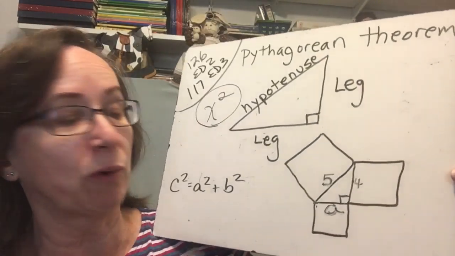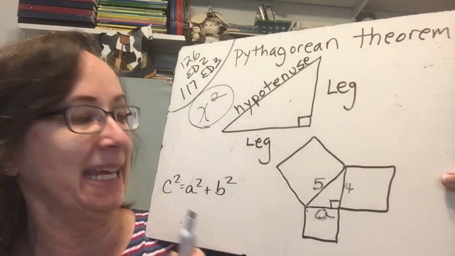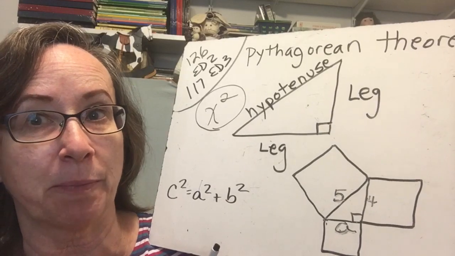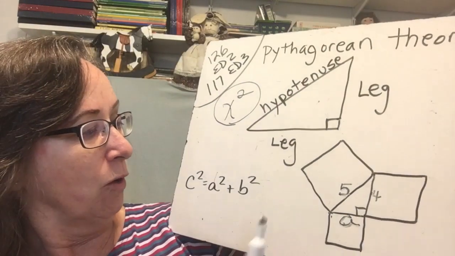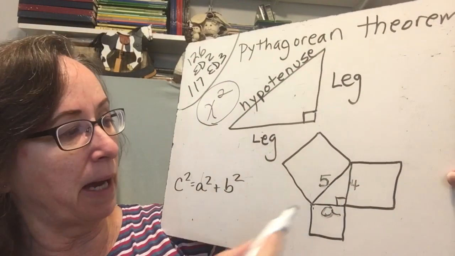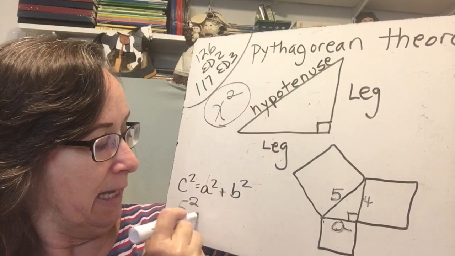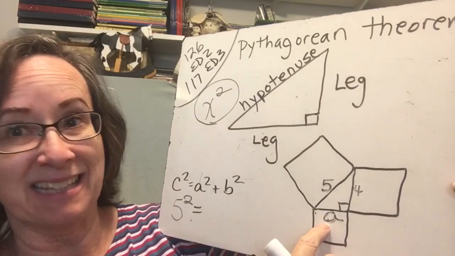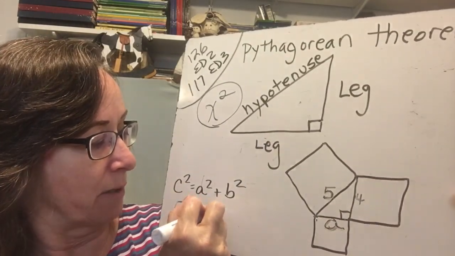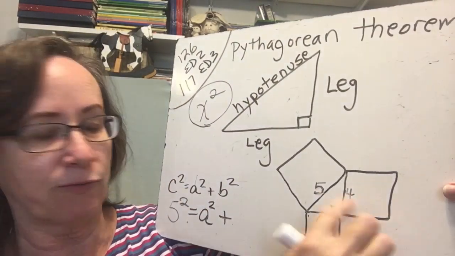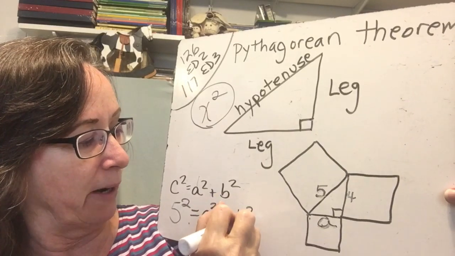So we will write this information in the correct spots in our Pythagorean theorem, where the c is always the hypotenuse, so we'll write 5 squared equals, and then the a is unknown, so we'll just write a squared, plus the b is 4, so we'll write 4 squared.